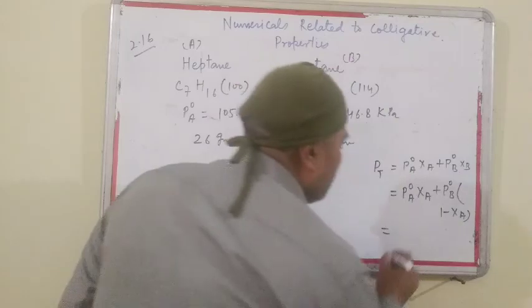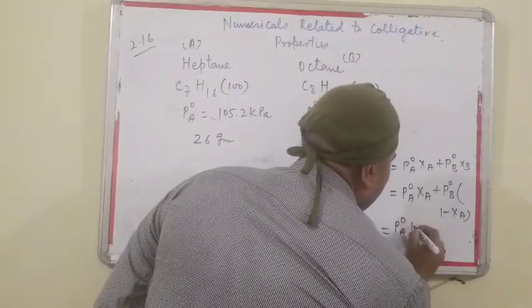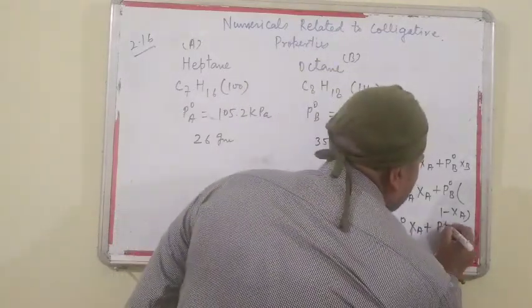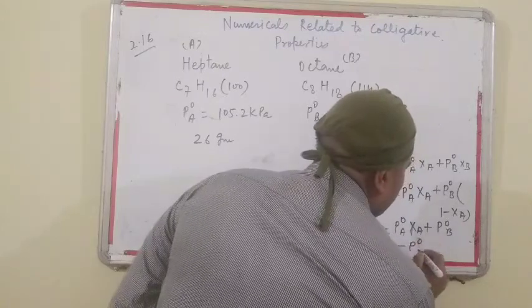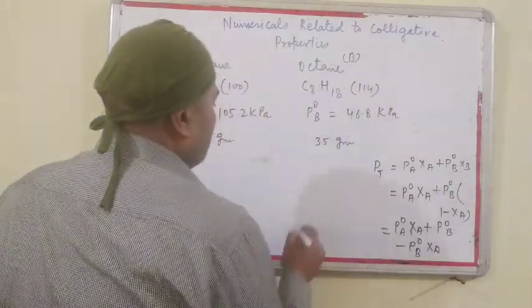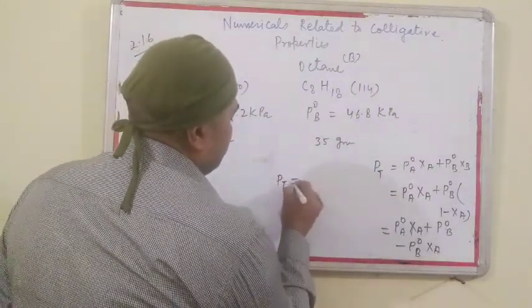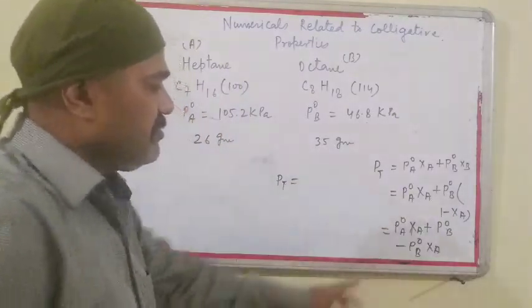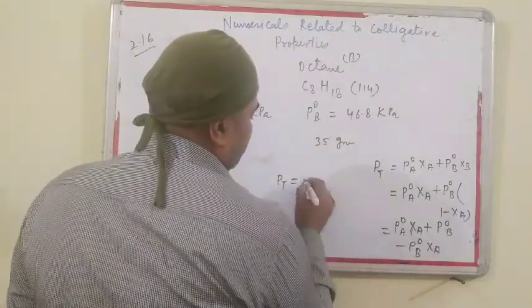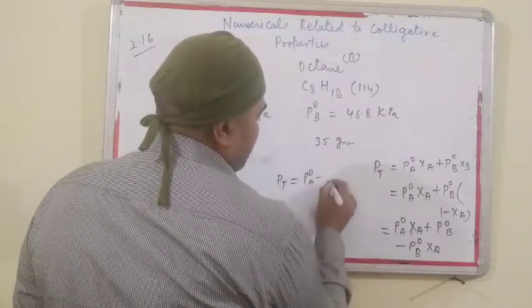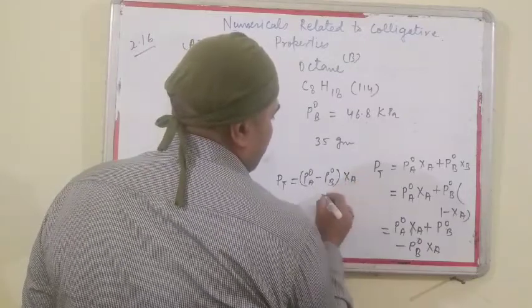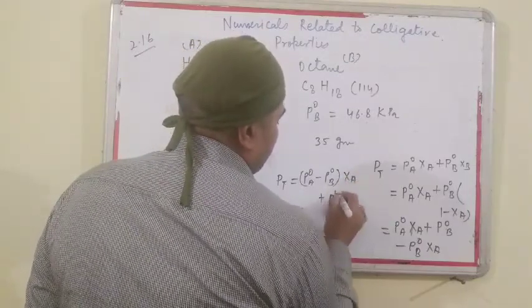So this will give us P0A XA plus P0B minus P0B XA, or this may be written as PT equals, on taking XA common, P0A minus P0B times XA plus P0B.